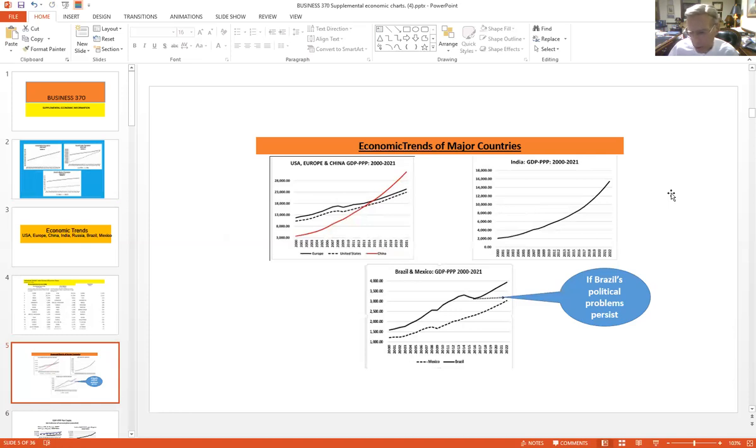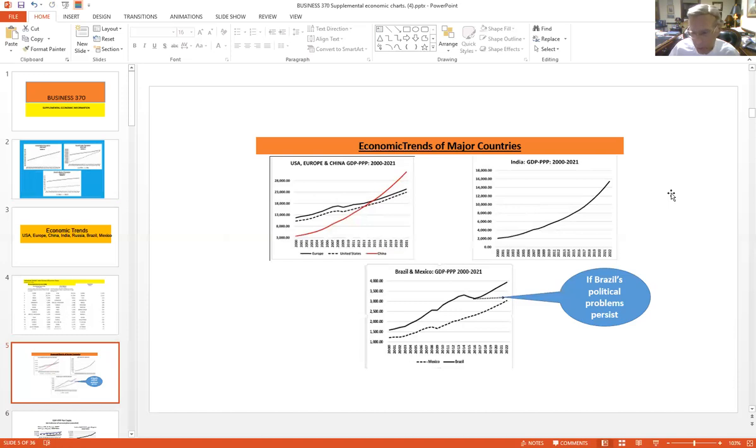And 3 presidents ago, the president of Brazil was convicted of economic misconduct and insider trading with the Brazilian Petroleum Corporation, and as a result, he was convicted and put in jail.